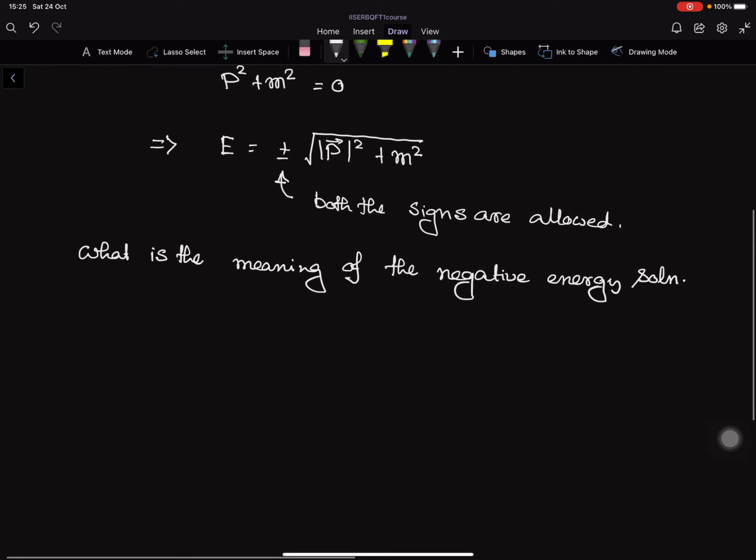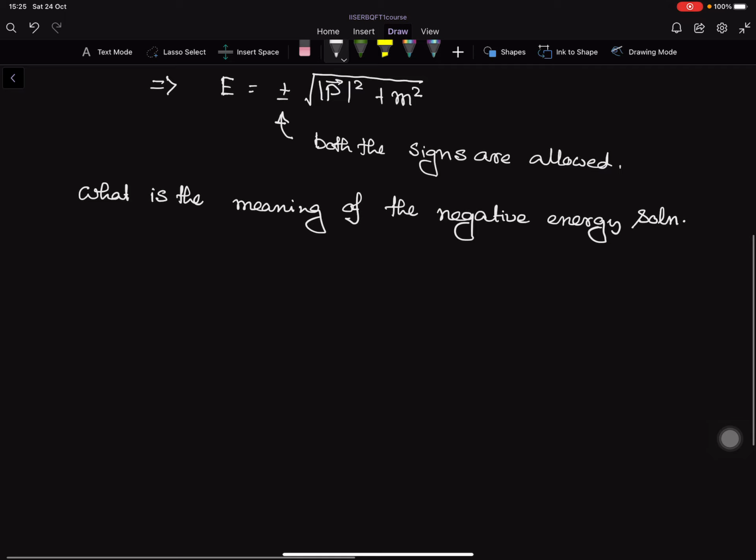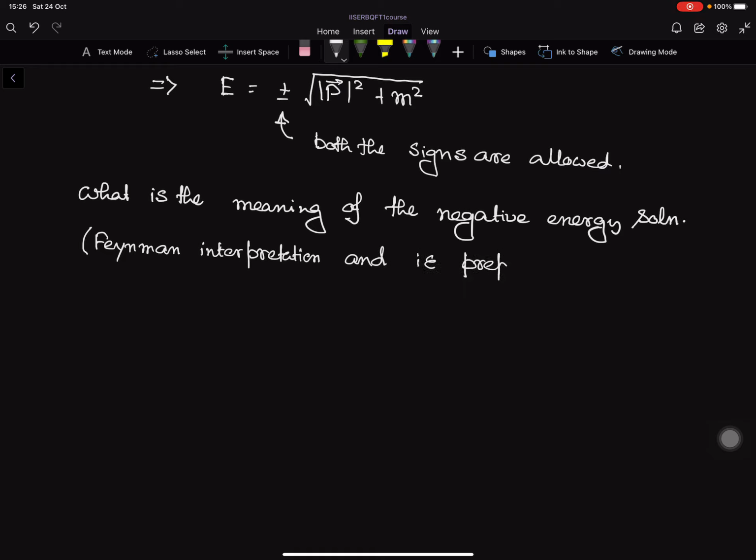Okay, so the meaning of the negative energy solution was actually given by Feynman, and we will see how the Feynman i epsilon prescription captures it.